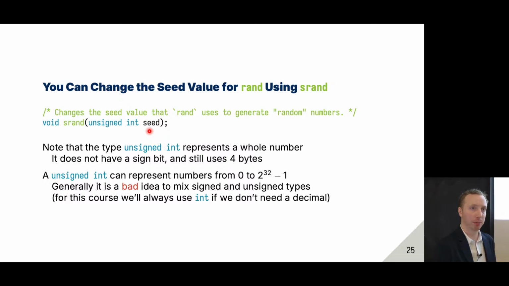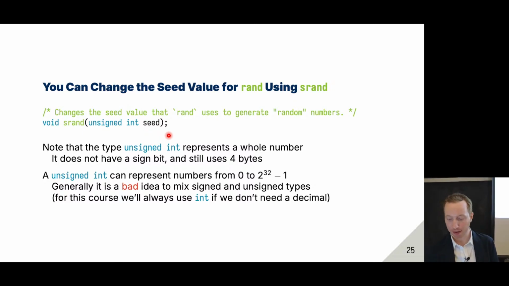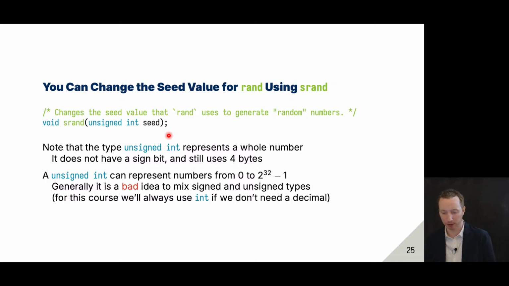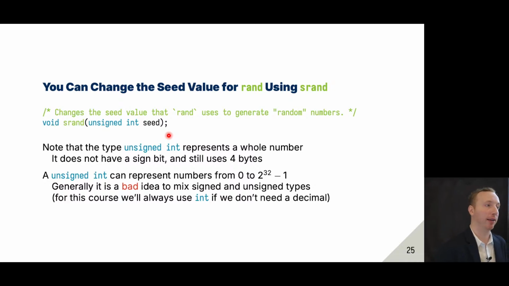I think this should be the first time we have seen it so far. The type unsigned int goes back way at the beginning when we talked about whole numbers and what whole numbers we could represent using a given amount of bits. So if we have unsigned int, it means it doesn't have that sign bit.